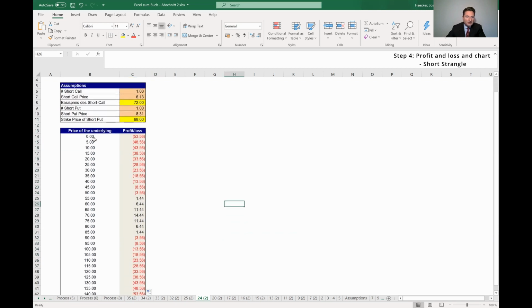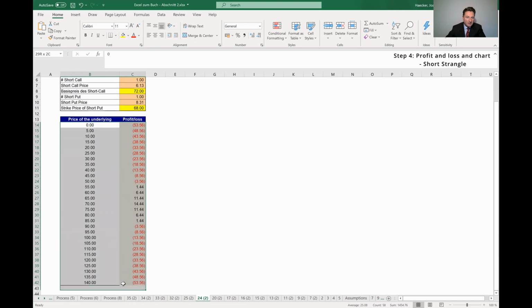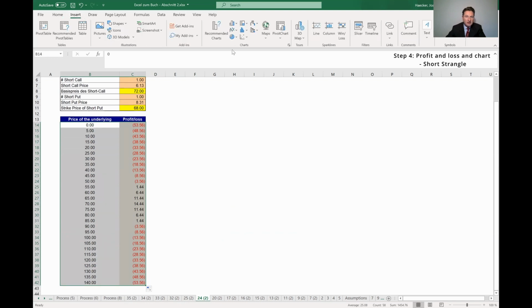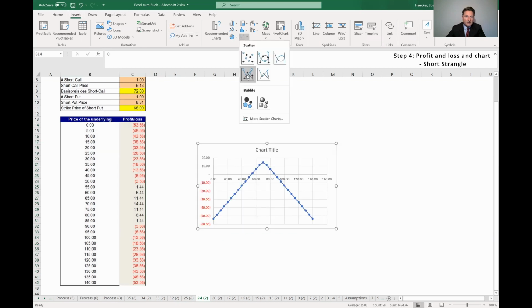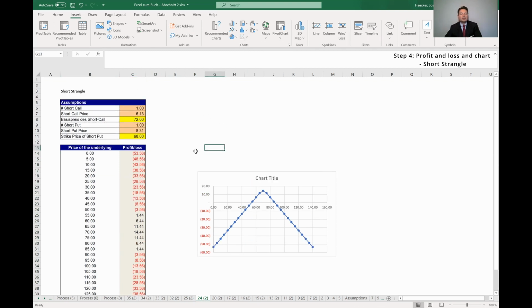And now we would like to create the chart. Well, the chart looks like this, which is pretty similar to the short straddle.